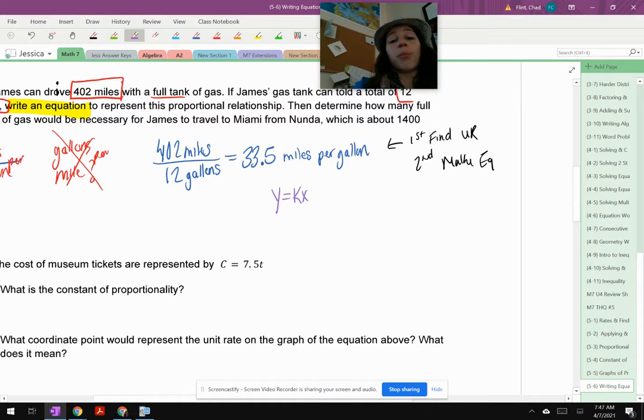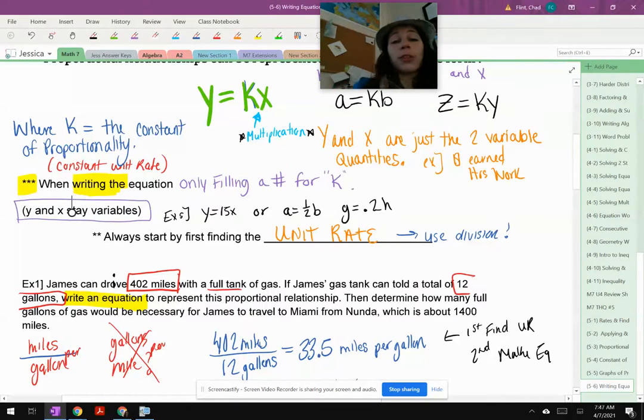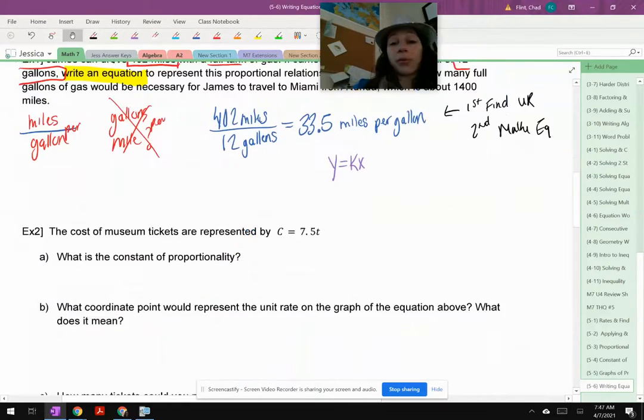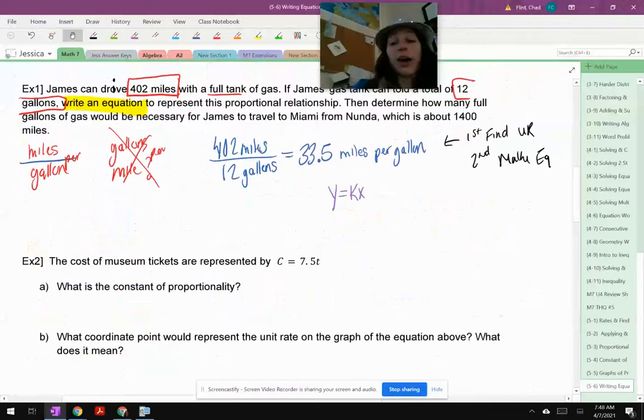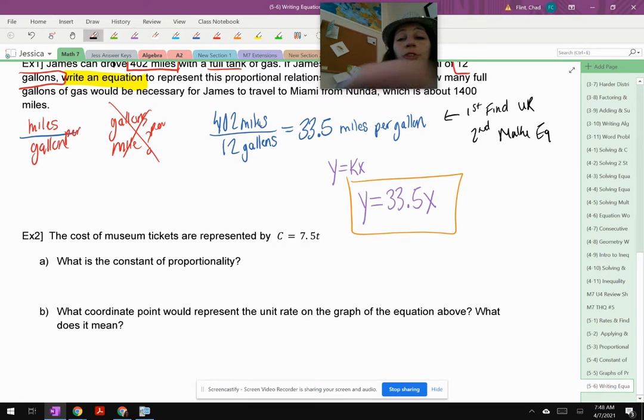When writing the equation, you're only filling in the number for k. X and y stay those variables. K is that constant unit rate that we found. So my equation is y equals 33.5x, where 33.5 goes in for k, and x and y stay as x and y.